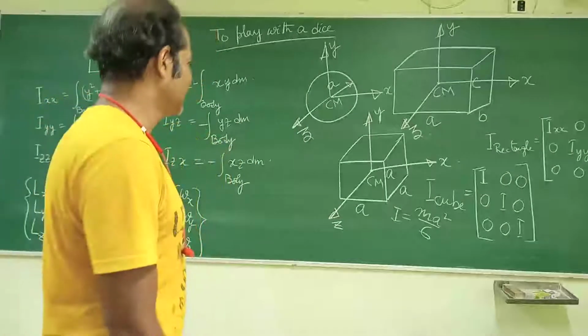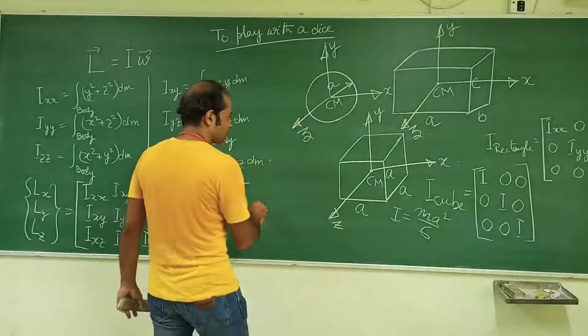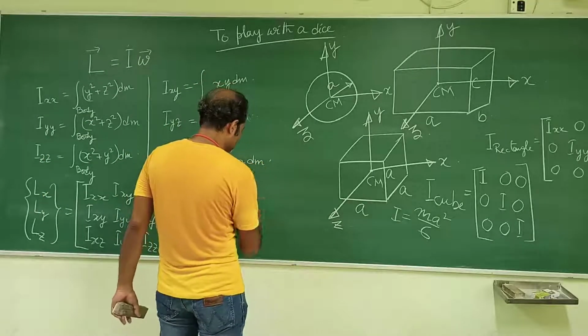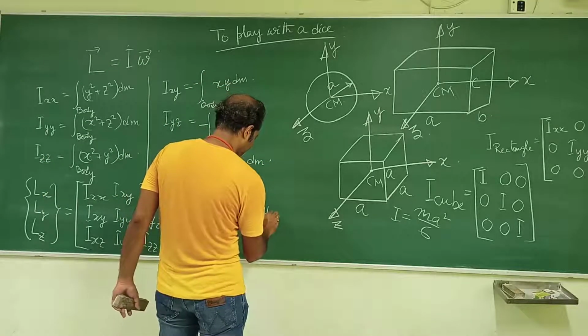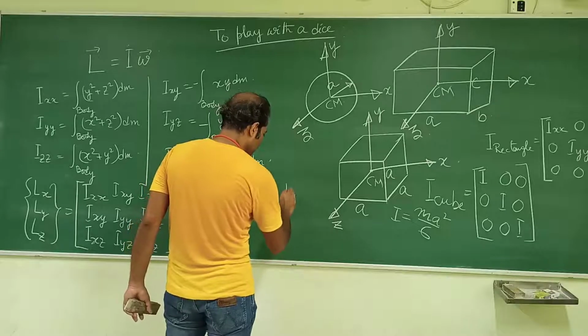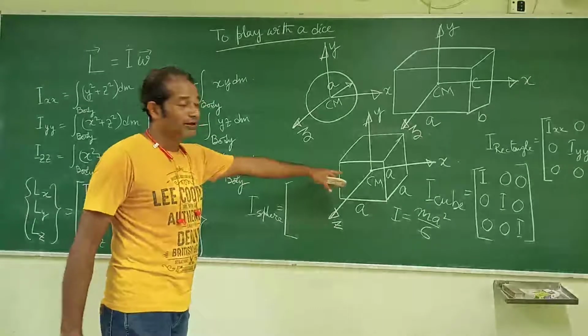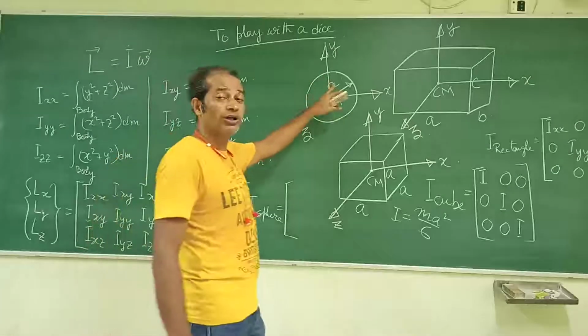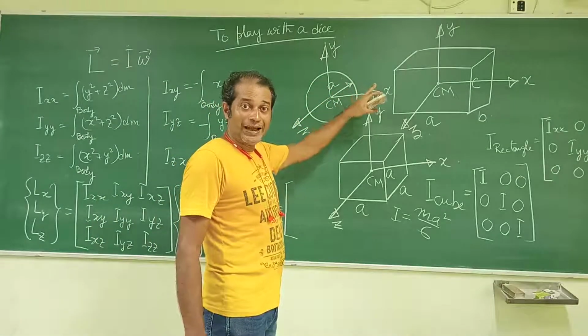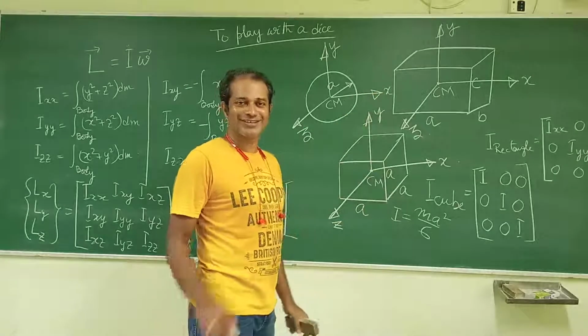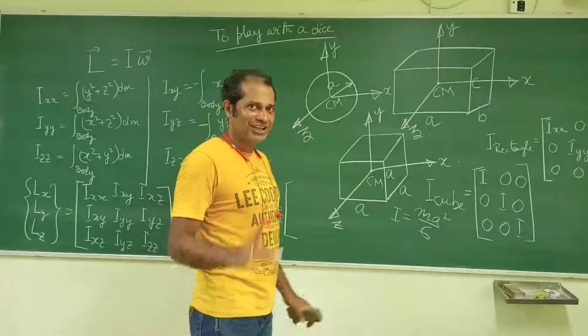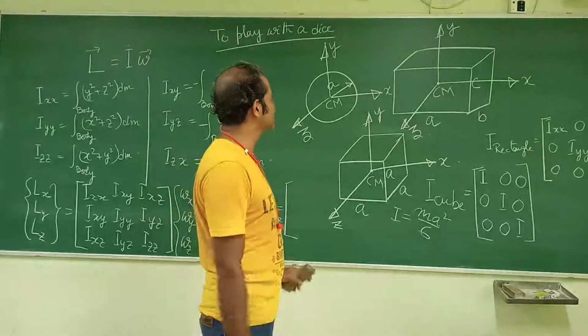Okay, sure. Now you come to the sphere. So I for the sphere, you tell me what is going to happen? It is going to be the same as that of your cube, because it is holding all the symmetry. But there is an issue.